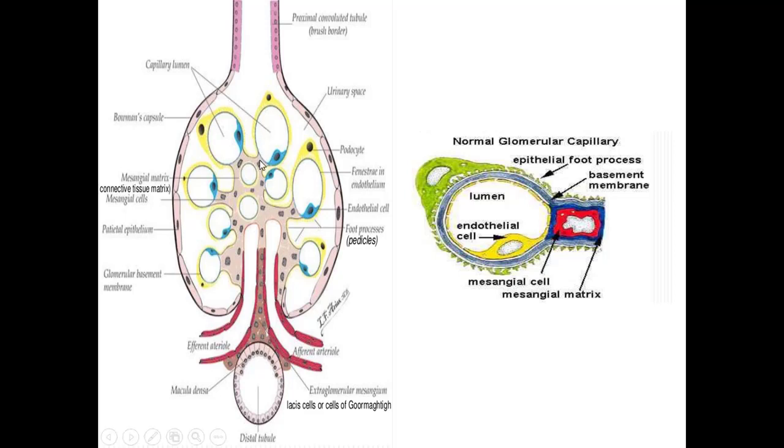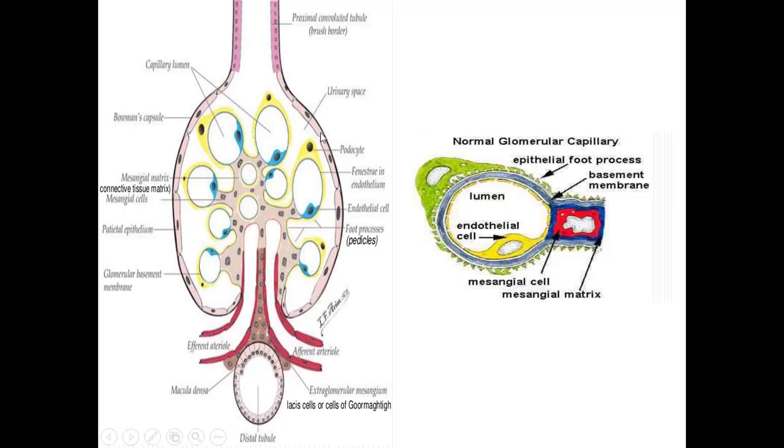Okay, this is how the histopathology will affect the presentation. The mesangial cells are normally very few. If increased, they may occlude the mesangium and may infiltrate the capillary and occlude the capillary, and again it can be a problem in the filtration.